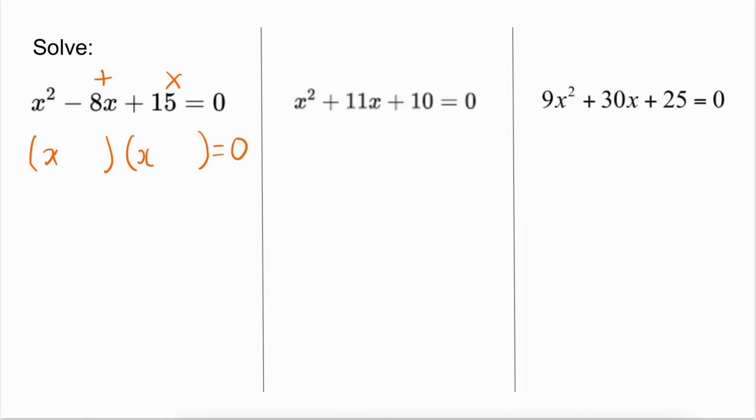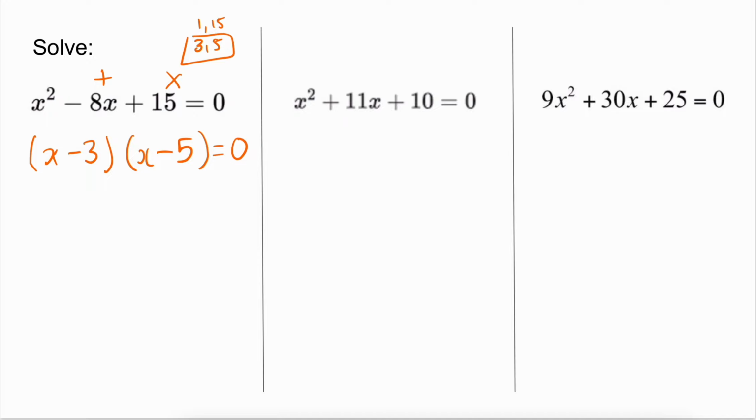So things that times together to make 15: 1 and 15, 3 and 5, and there we go, that should have a connection to 8 if I'm either adding or subtracting them. So I know that I'm going to have 5 and 3, and I want them to times together to make a positive and add together to make a negative, so they're both going to need to be negative.